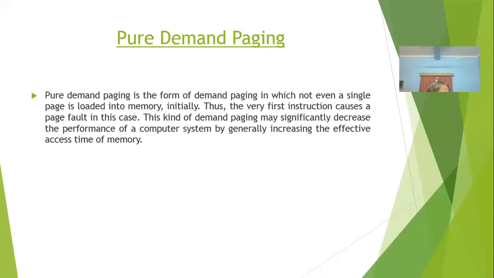Again for the second page, another page fault can happen, and that will also be solved in the same manner. In this way, some continuous page faults can happen, but after some point of time, it can go to a stable state where all the necessary pages will be resident in the main memory, and the process can continue without any further problems.